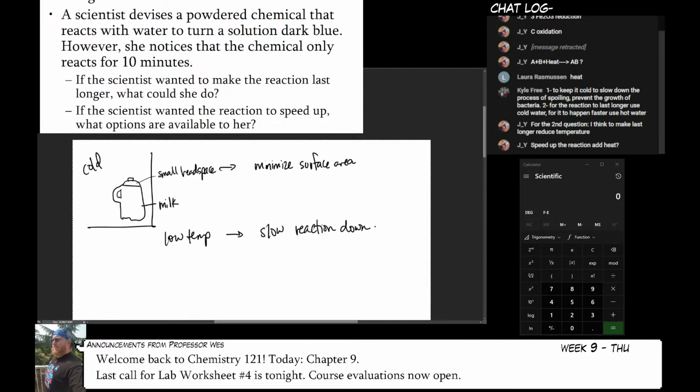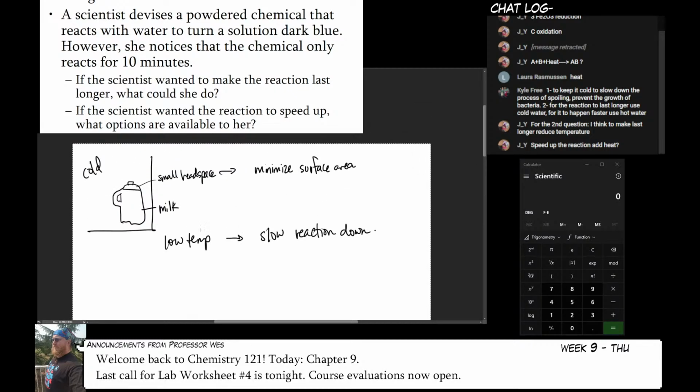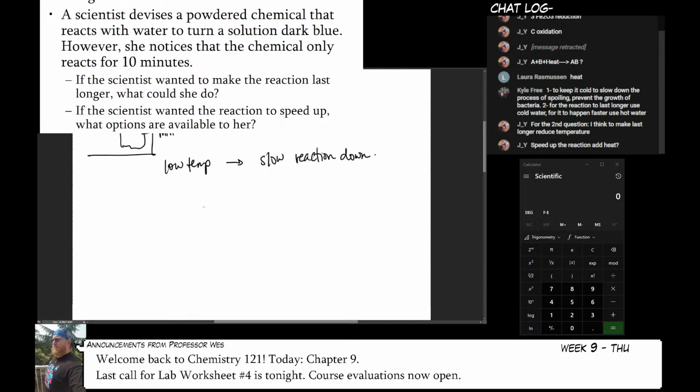For part 2, the question with the scientist, if I want to slow the reaction down or speed it up, we can do various things to it. If I wanted to make the reaction last longer, we would want to lower the rate. So we could do each of the 4 things. The first one was surface area, so we could use larger chunks.